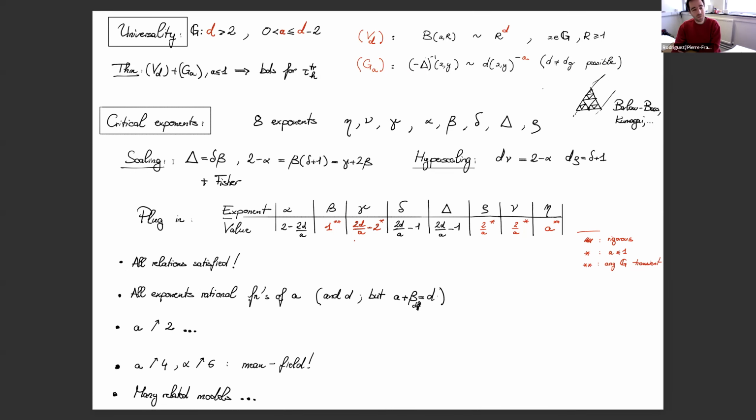And so the expected behavior is that you have these 6 linear relations, which should all hold in intermediate dimensions. Here there are only 5 equal signs, but there is one which we actually just proved. And so now you can take eta and nu, plug them into these equations and see what you get. And what you get is the value of the exponents that I wrote down here.